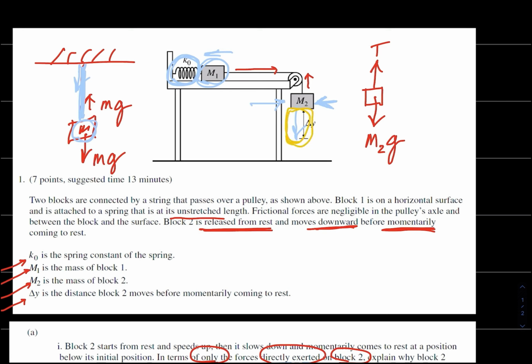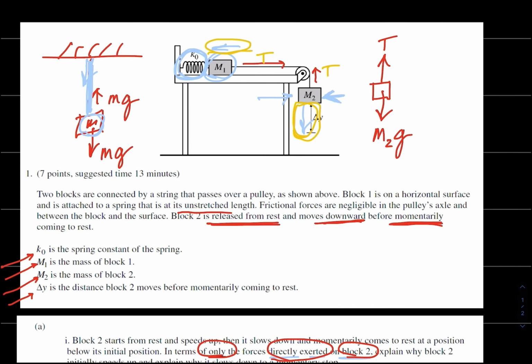So this fight between gravity pulling it down and the spring trying to pull it back is going to cause some tension in the string, and the tension will be the same. This is going to be T, and this is going to be T. And that's how strings work. You learned that back doing force body diagrams for things suspended on cables.